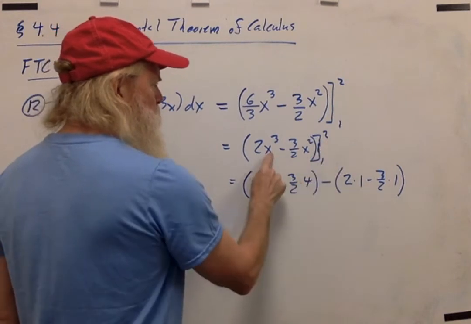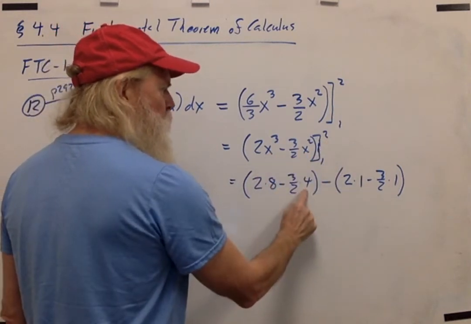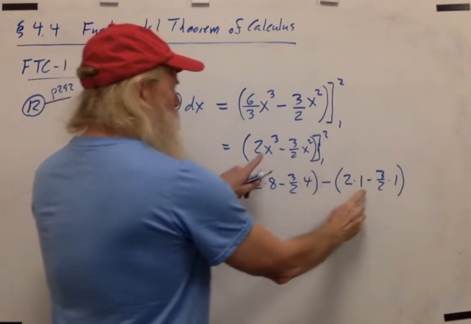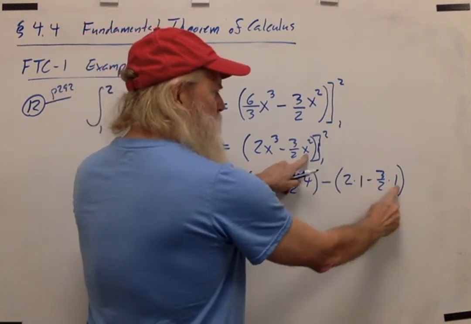So when I plugged in the 2, 2 cubed was 8, and 2 squared was 4. When I plugged in the 1, 1 cubed is 1, and 1 squared is also 1.